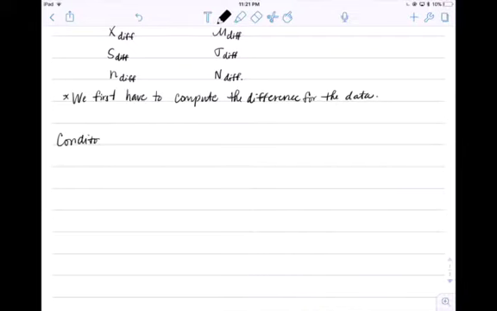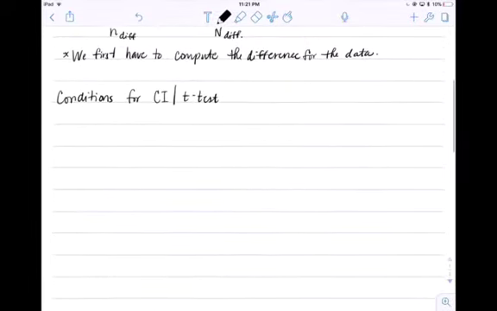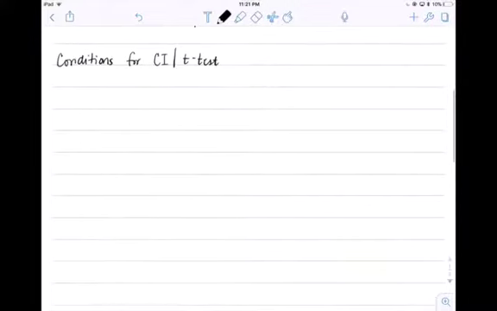Conditions for confidence intervals and for the t-test. Remember, since we're working with means, we're of course going to be doing a t-test. In this one, conditions are very similar to what we've already worked with. Even though you're working with two populations, you don't have to establish these conditions for both. You're just going to establish them for the difference that you're working with.